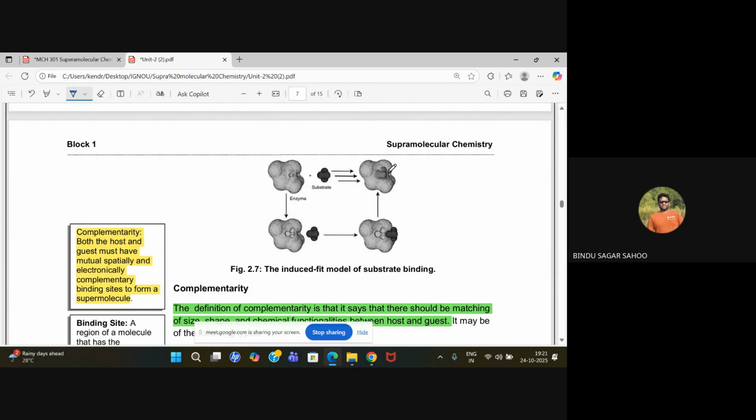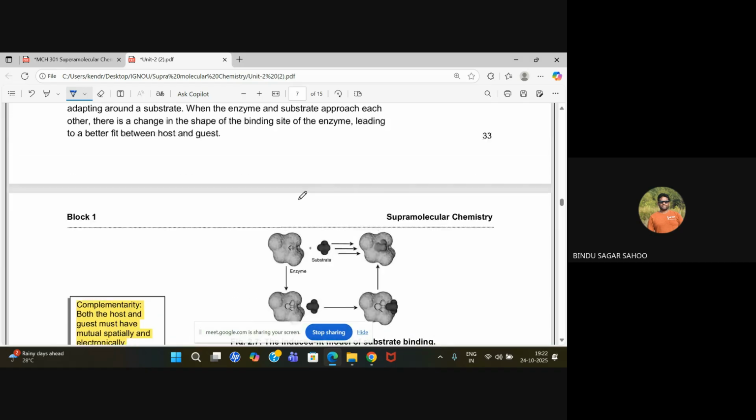After fitting they will make some conformational changes and form a complex like that. This is called the induced fit model. Initially the cavity size is not quite right for the substrate. After the connection of the substrate with this host molecule, they change the cavity size to form a stable complex, and finally the complex will be like that.